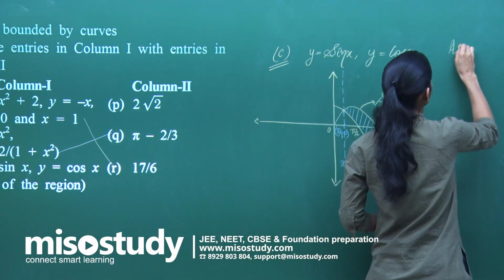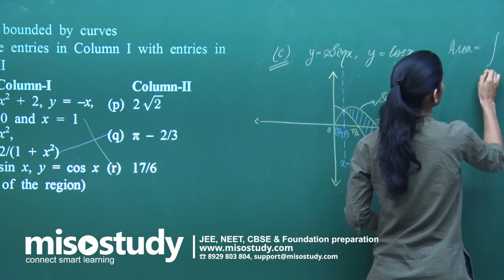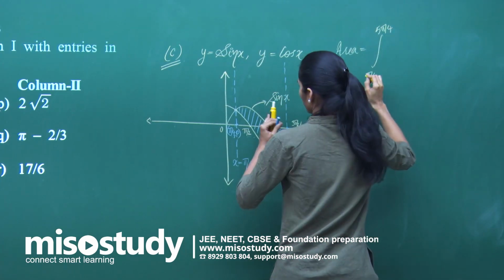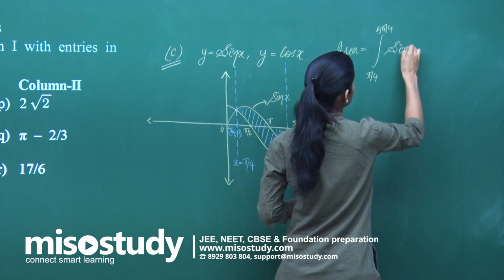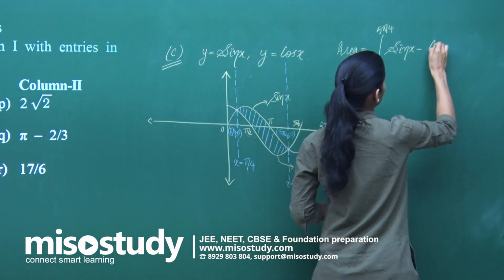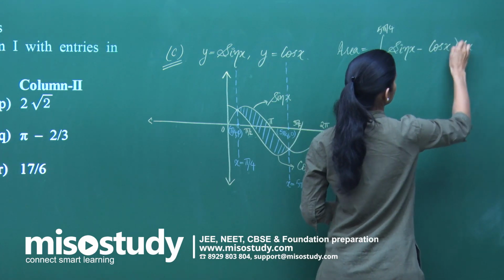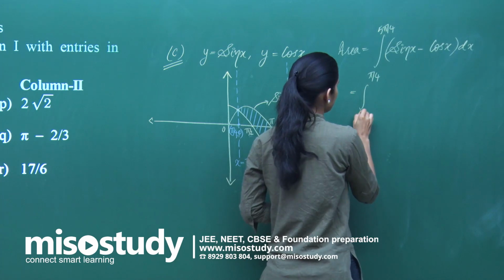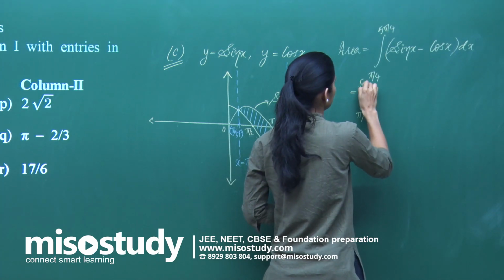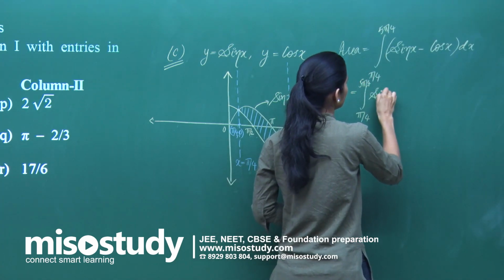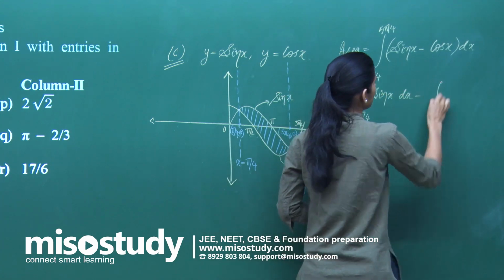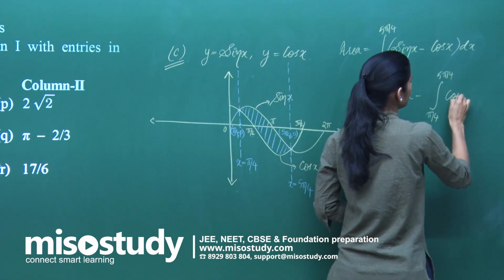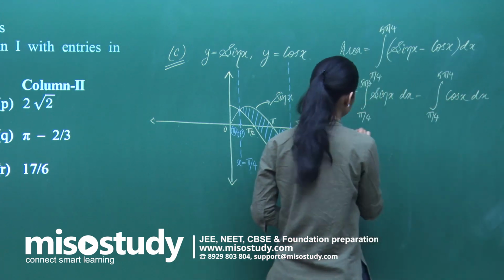So the area of the shaded region is integration from pi by 4 to 5 pi by 4, everything below sin x minus everything below cos x. This is nothing but integral from pi by 4 to 5 pi by 4 of sin x dx minus integral from pi by 4 to 5 pi by 4 of cos x dx.